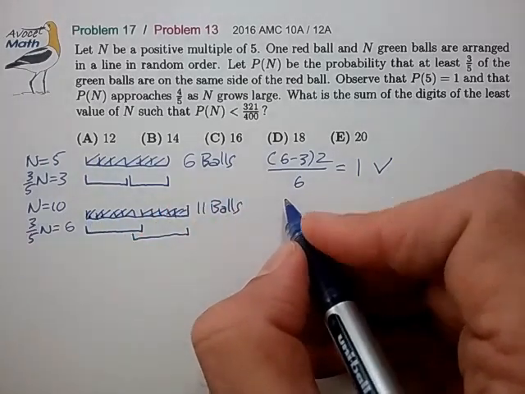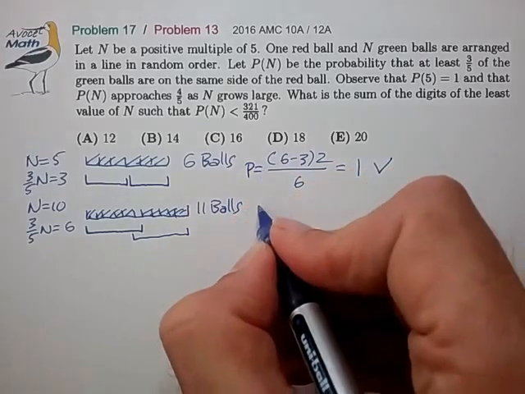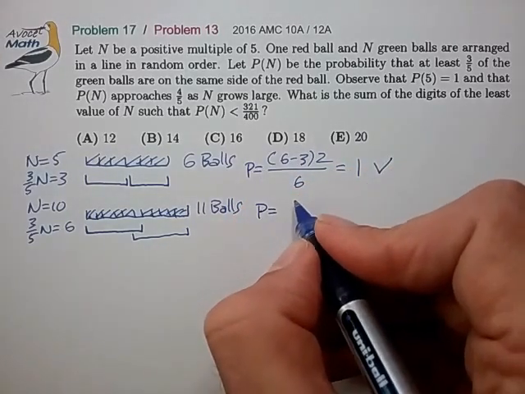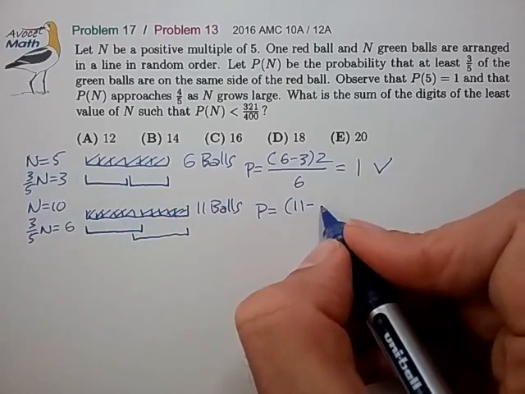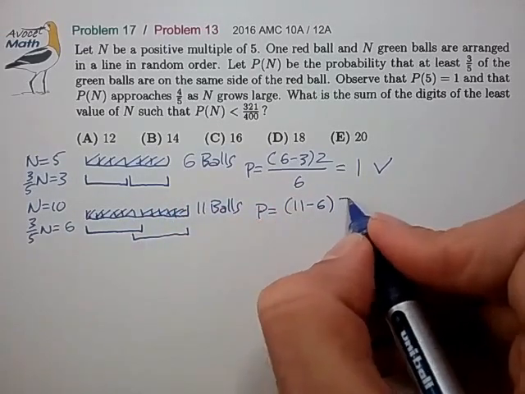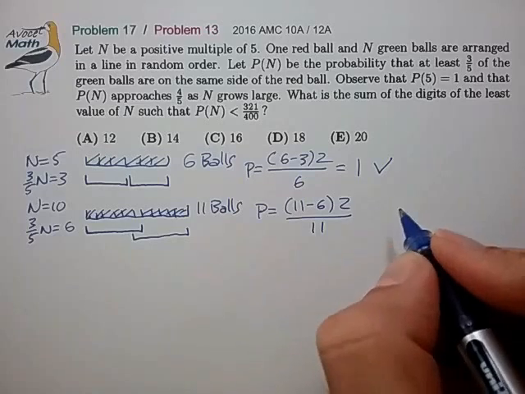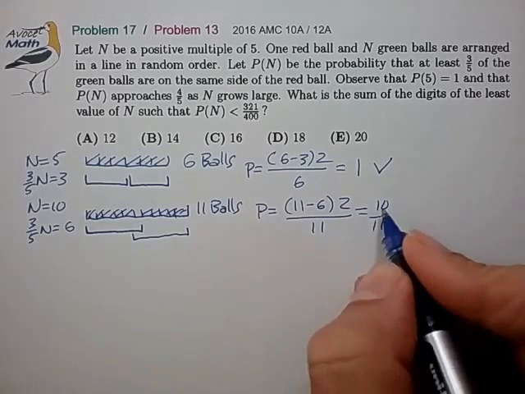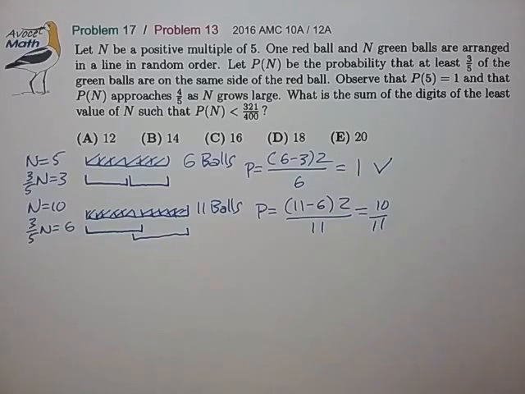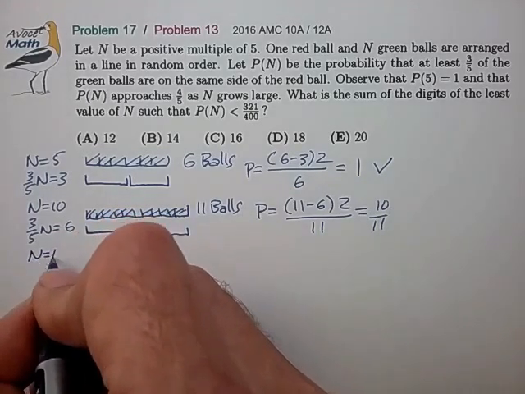Here again we can write the probability as the shaded region, 11 minus 6 multiplied by 2, divided by the total number of balls. That's 10 over 11, and that's going in the right direction, so I think we're on the right track. Let's try one more.